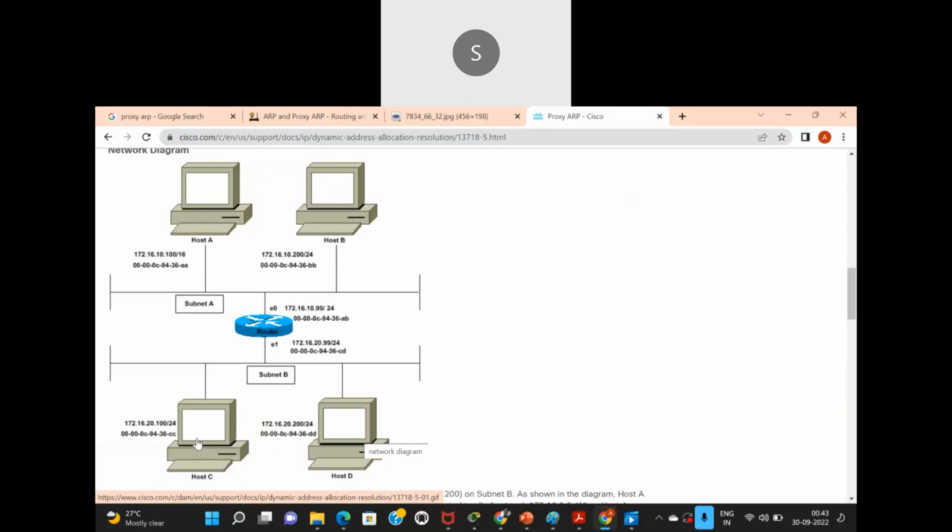Even for host C and host D, you'll get the same MAC address, that is 0000C9436AB. So you'll think they all have the same MAC address, but that is not true. The router is just being helpful to you, acting as a proxy. That is why it's called a proxy ARP.